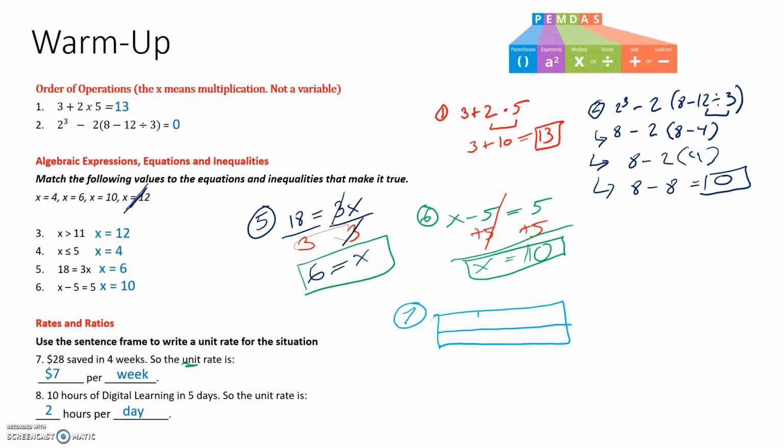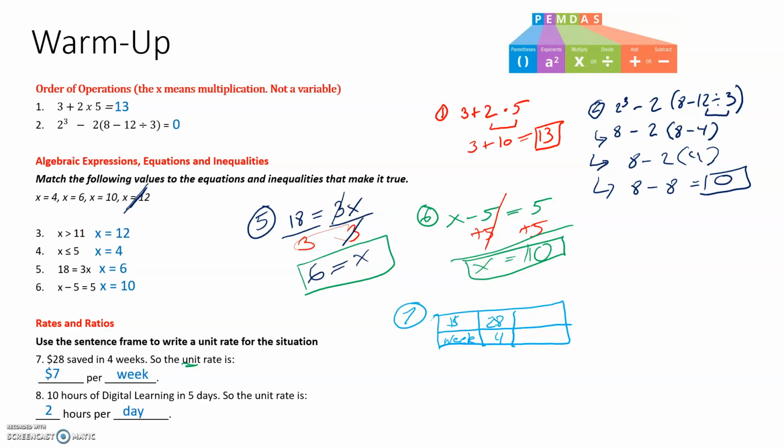So I have money and weeks. I start off with money, $28, and 4 weeks. The hard part is determining which one to reduce to the unit.